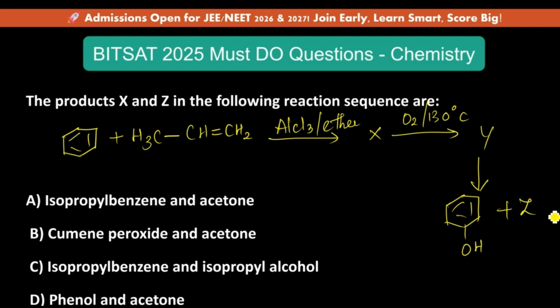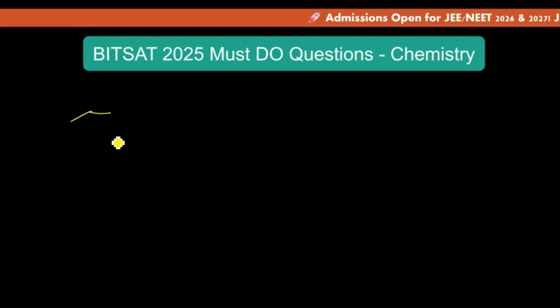So this is an important preparation, the industrial preparation of phenol. Right? So let me write the reaction. The first step is Friedel-Crafts alkylation, which will give you benzene with CH3, CH double bond CH2.